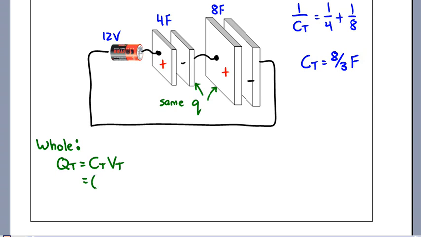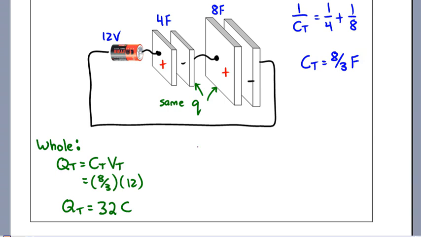Well, we have 8/3 and 12 volts push. And when you check that out, you find the total amount of Q on every one of those plates is 32 coulombs. Every plate has that tiny little positive one, positive 32 coulombs. The tiny little negative one, negative 32 coulombs. The big positive, positive 32 coulombs. And the big negative, negative 32 coulombs. So everybody's just got this story here now of 32 coulombs.